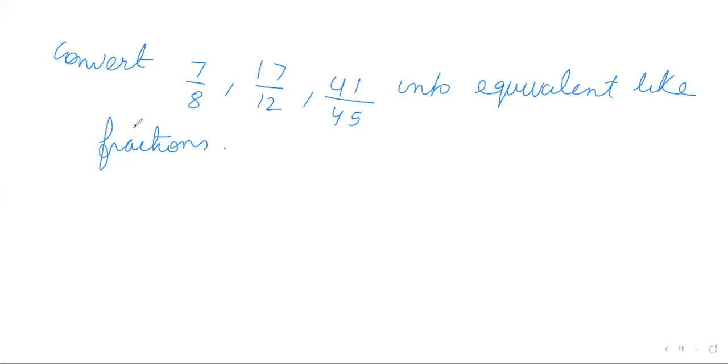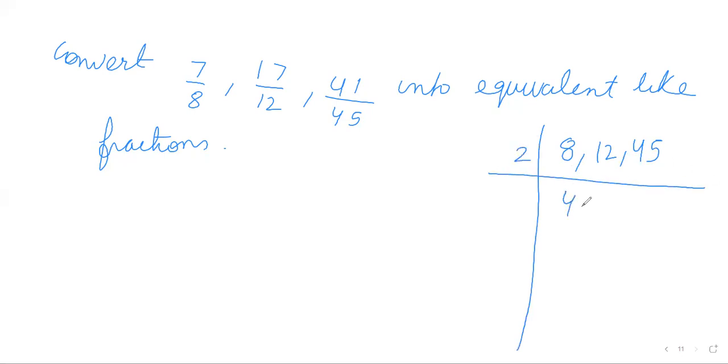So we will take the LCM of 8, 12 and 45 to make the denominator same. LCM means we need to divide by some prime number.